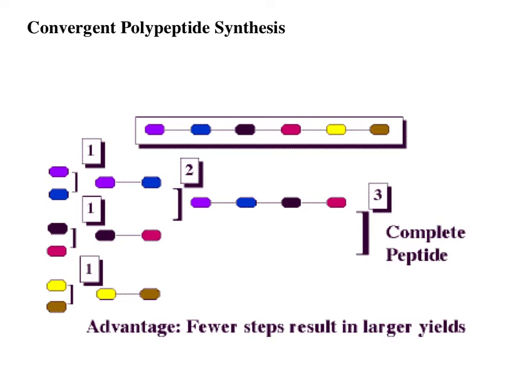There's another way by which you can make polypeptides, and this is through convergent polypeptide synthesis, in which you start coupling 2 of each. So you have 1, 2, 3, 4, 5, 6, and then you couple one set together, and then you couple the last set. The advantage of using convergent polypeptide synthesis is that there are fewer steps, and you can result in larger yields because each step will lessen the yields.